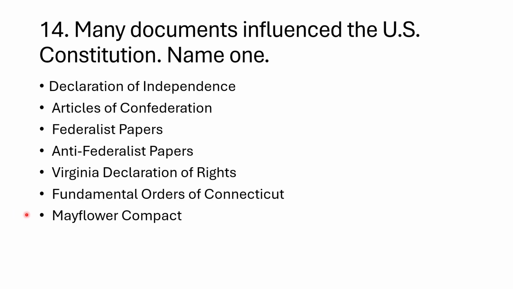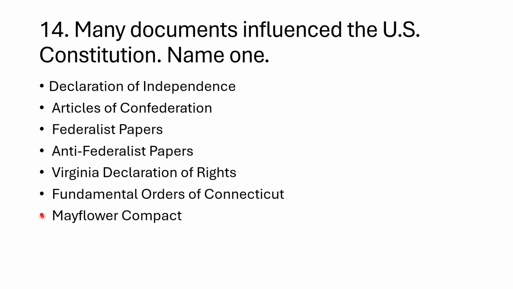Even going back to the Mayflower Compact. The Mayflower was a boat that brought some of the religious settlers from England to the United States, or to America. There wasn't the United States yet. And they were founding a colony when they got here.